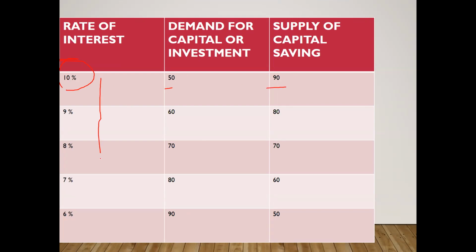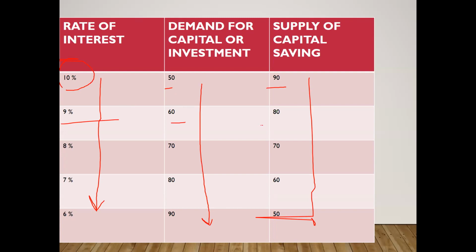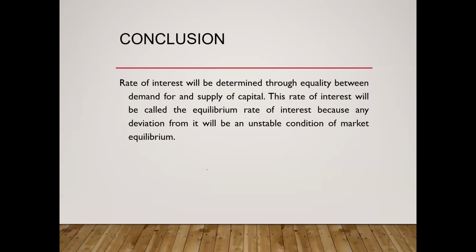As this percentage is reducing, demand for capital for investment increases and supply is decreasing. So at 9%, there is 60 and 80. When it is only a 6% rate of interest, people demand more capital, but suppliers would like to reduce the amount because they are not interested in supplying more.